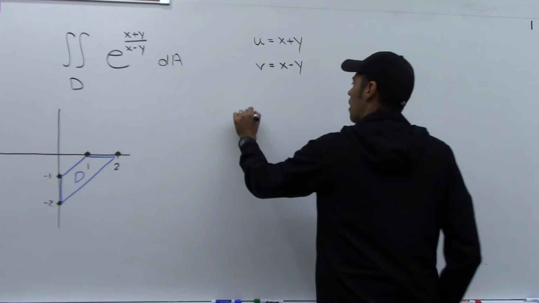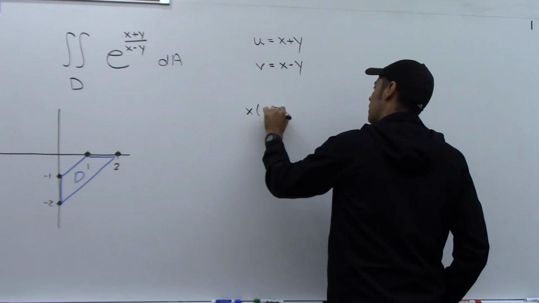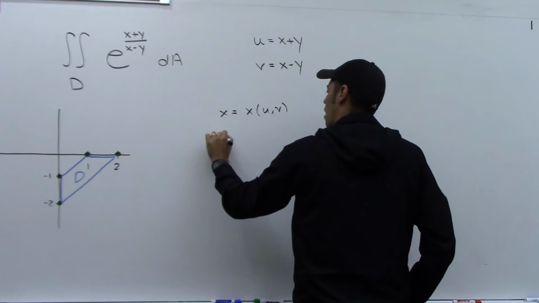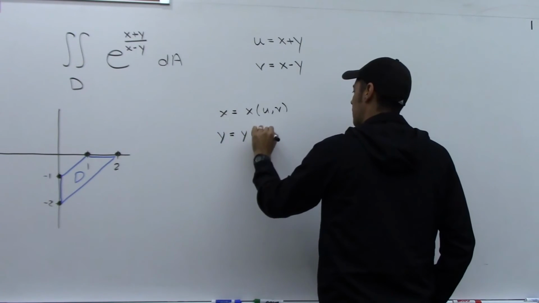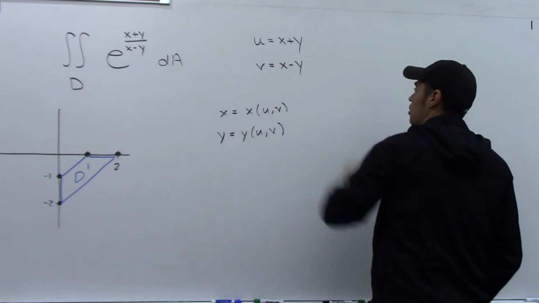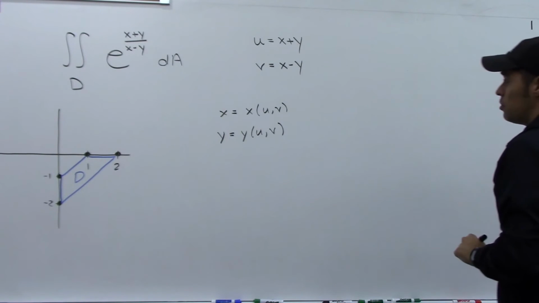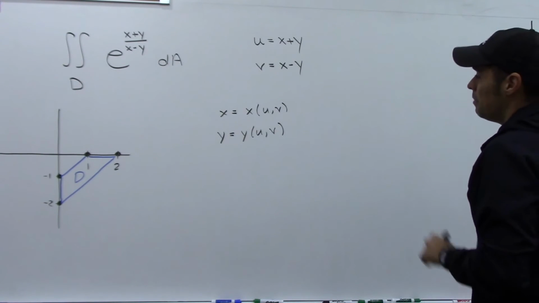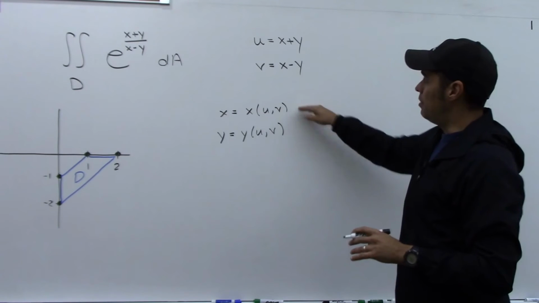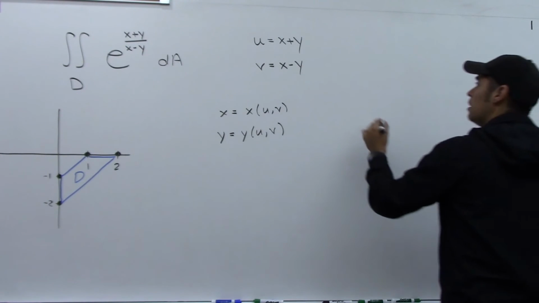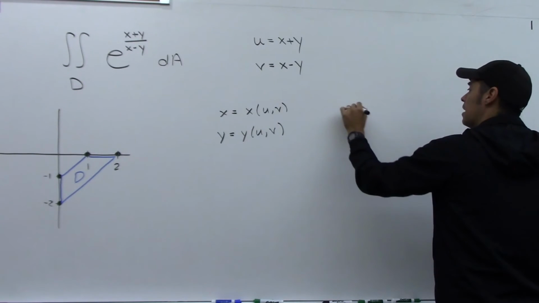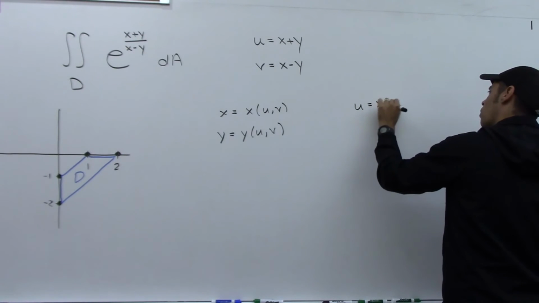But remember, I need to write x as a function of u and v, and I need to write y as a function of u and v. Right now, I've written u as a function of x and y, and v as a function of x and y. So let me switch these over first. I can take u equals x plus y.